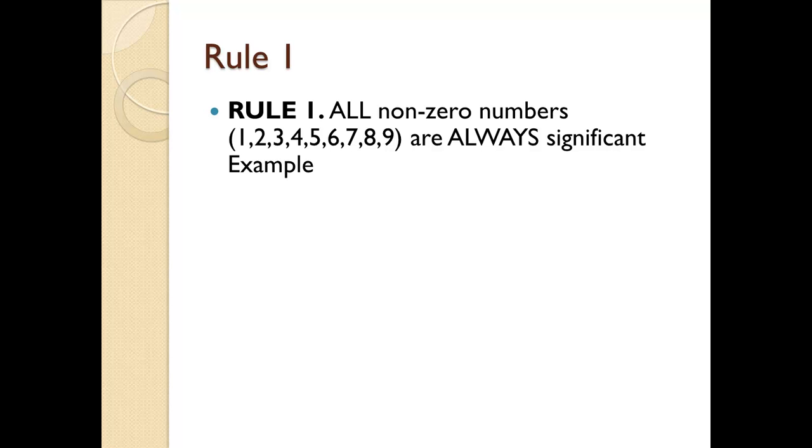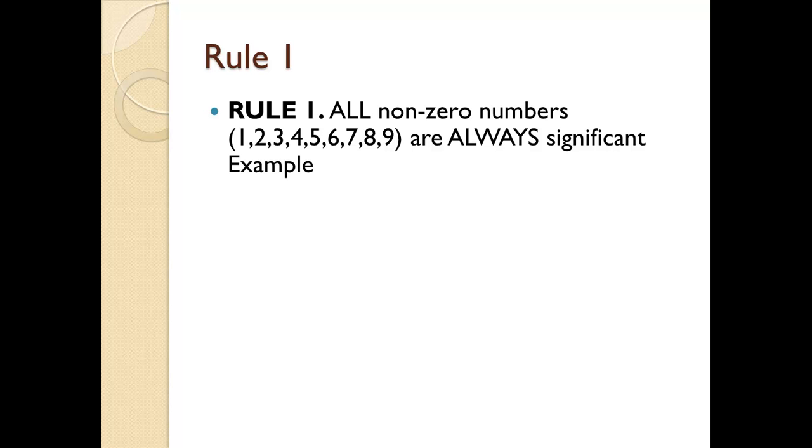To learn how to determine the number of significant figures, there are several rules that I think are pretty useful, and they will help us in determining the amount of significant figures in a number.